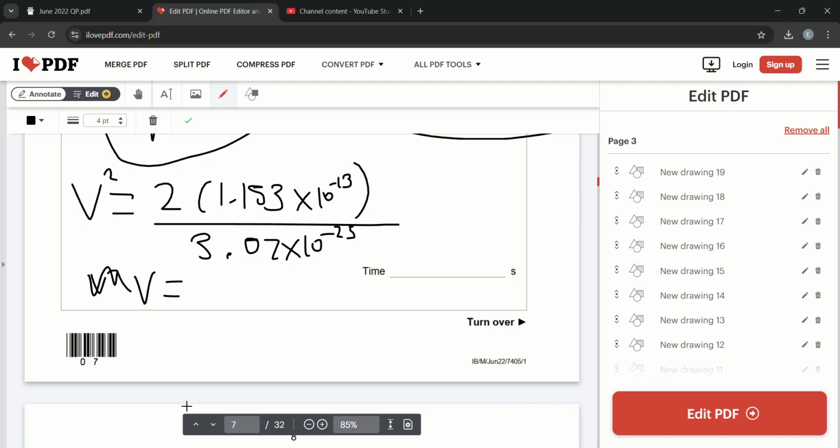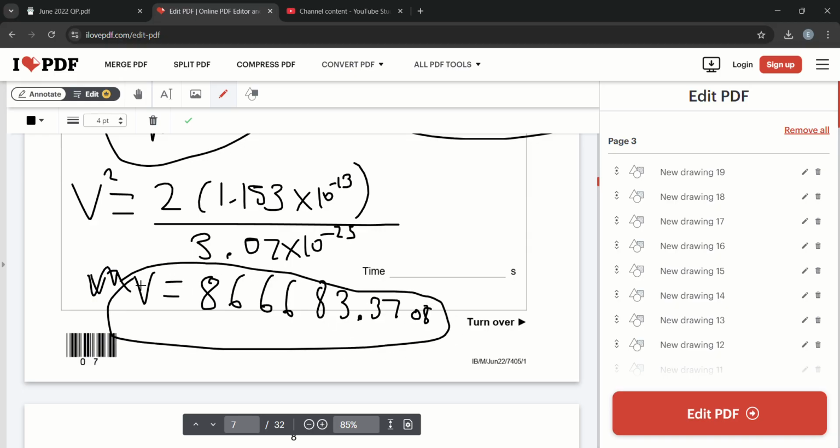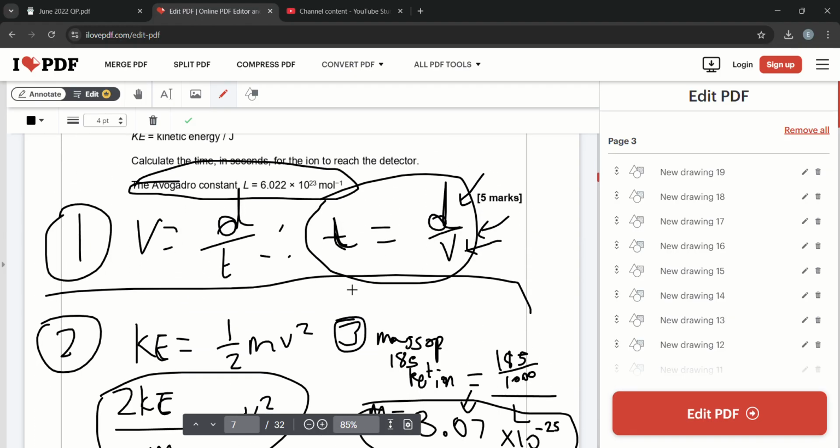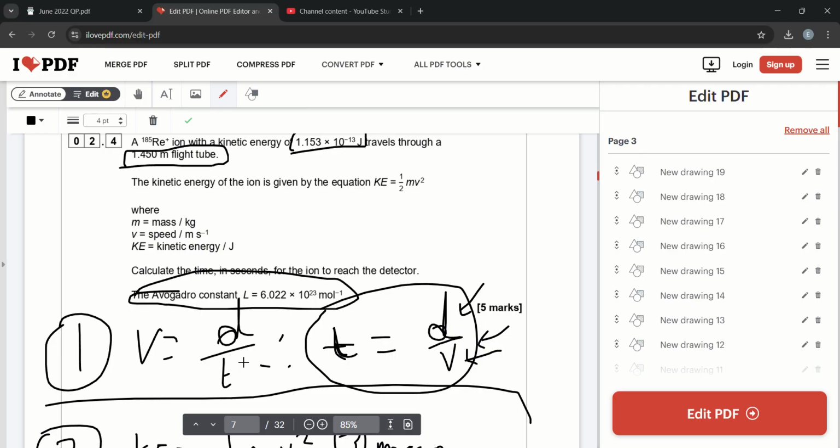So then square root the answer, and you get velocity is equal to 86683.3708.